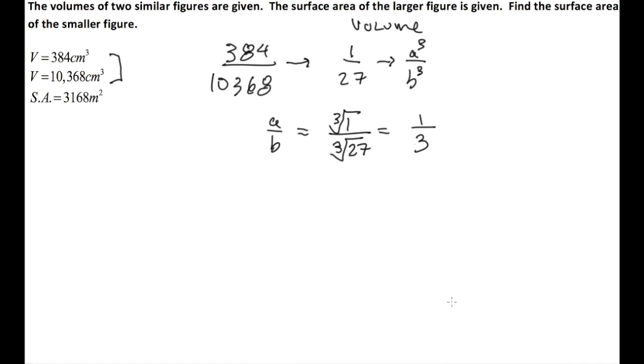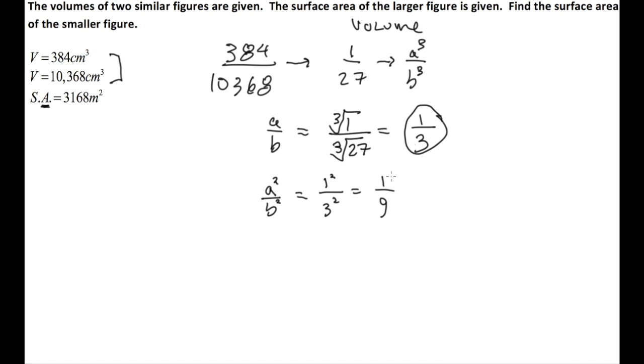Now this is good. This is going to help us get the ratio for our surface area. So remember, our surface area, or area, is A squared over B squared, so we start here with 1 squared over 3 squared, which is going to give us 1 over 9.